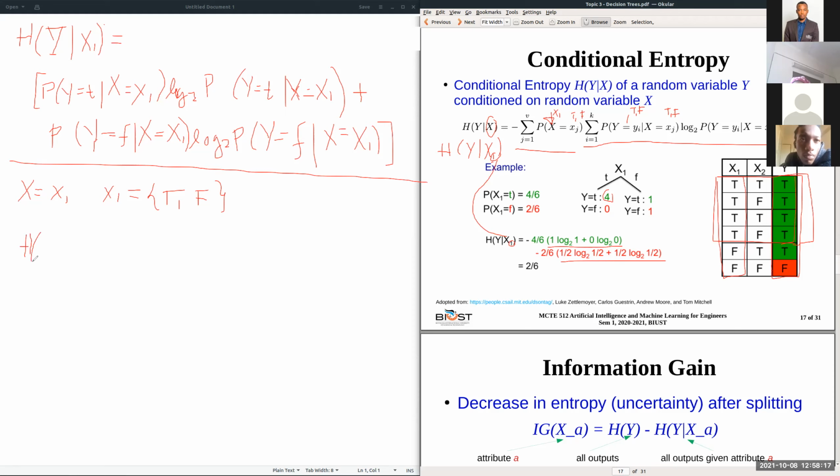So H of Y given big X1 is equal to minus P when big X1 is equal to true, and then the summation inside this part: probability of Y being true when big X1 is equal to true, log base 2 of that probability.